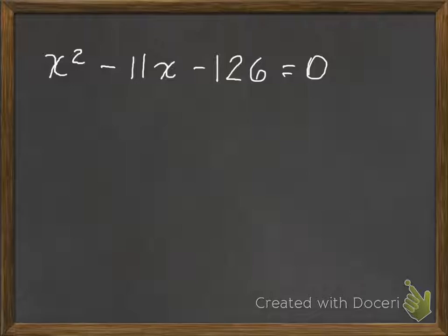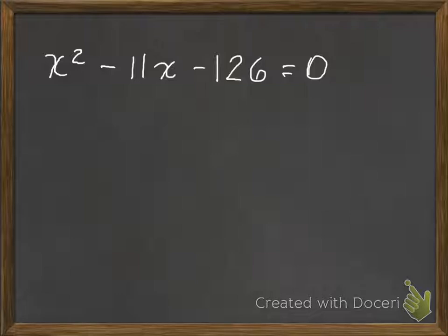Okay, so here's another one where it's not immediately evident what factors of minus 126 sum to give us minus 11. And here you see the signs are different than the previous two trinomials.